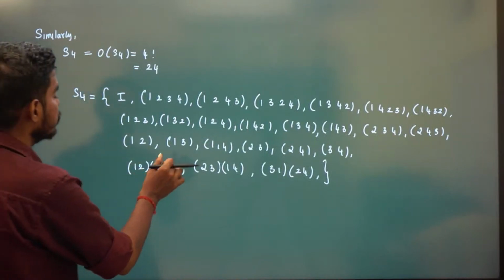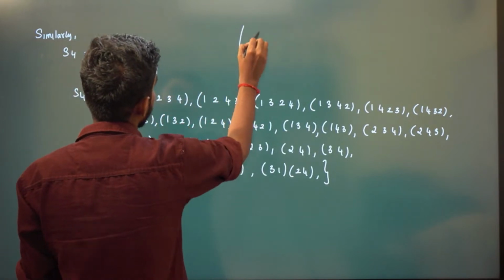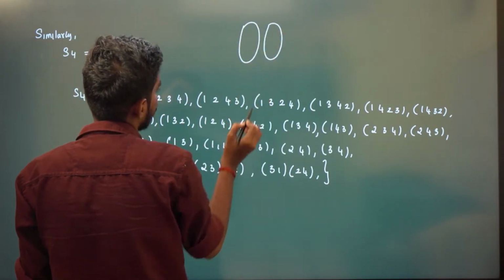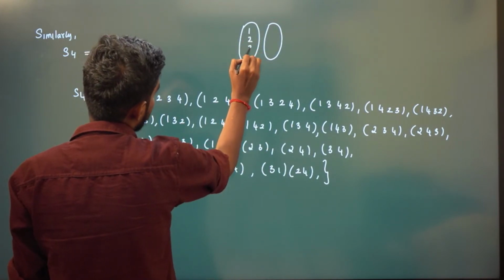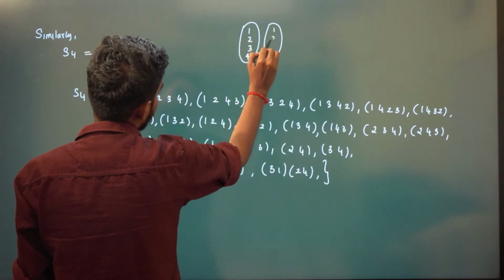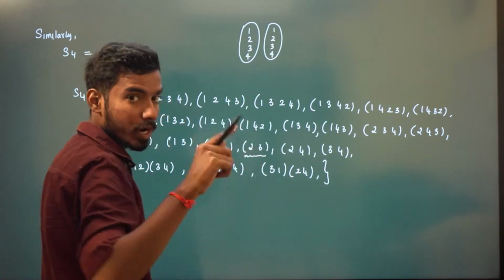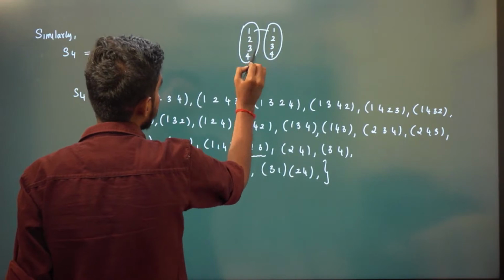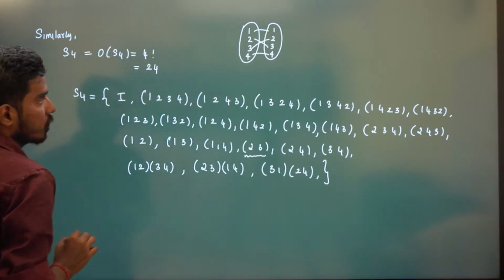See, this means 1 goes to 2, 2 goes to 3, 3 goes to 4. For example, let me explain some examples. Let us take this (2 3) in 1, 2, 3, 4. So here we have (2 3). That means 1 and 4 are missing, so 1 and 4 are fixed. 2 is going to 3, 3 is going to 2.